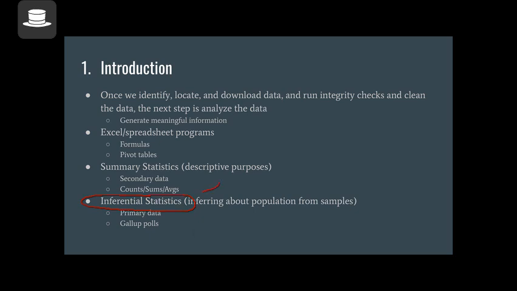We use already collected data that we don't have control over and just try to describe the information provided in the data in order to answer the questions that we start with, if you remember. Okay, so let's talk about the subtle difference between these two kinds of statistics, summary and inferential, in the next slide.